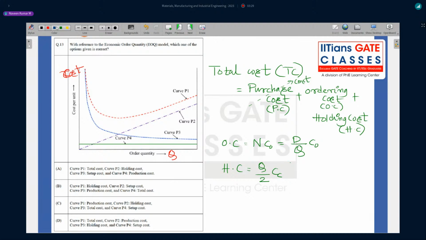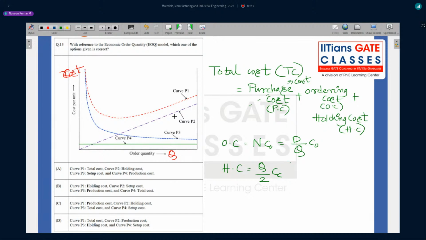In this figure, the curve P1 is coming down and going up. We do not know what that is, so forget it. Let's go to curve P2. I can say it is linearly increasing as the order quantity is increasing. So cost is increasing as quantity is increasing.